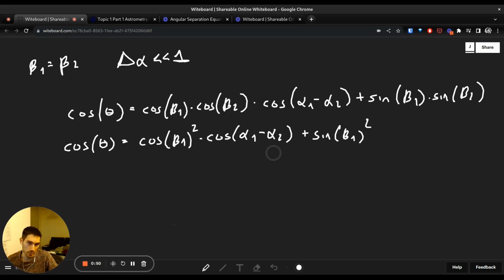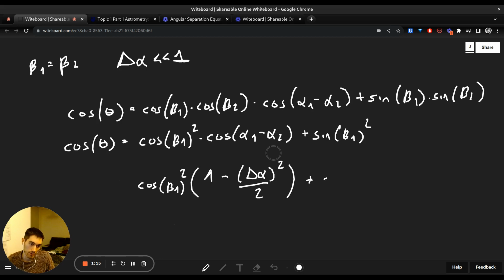This in astronomy makes total sense, and that means we can expand this using Taylor series, and it can be replaced as 1 minus the difference of alpha squared over 2, times cosine beta 1 squared, plus sine beta 1 squared.